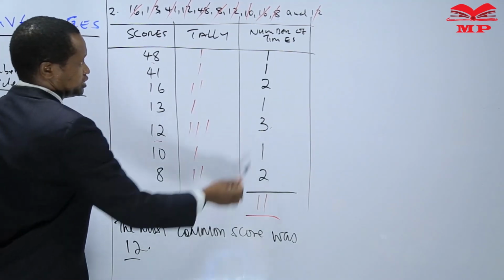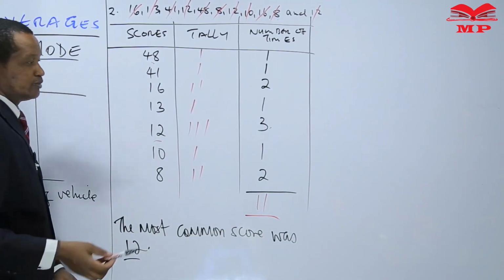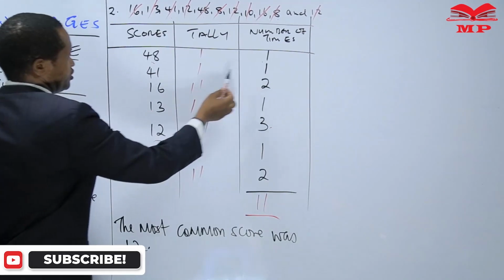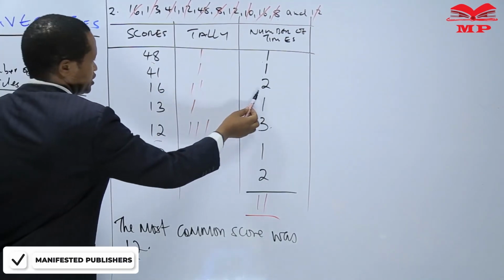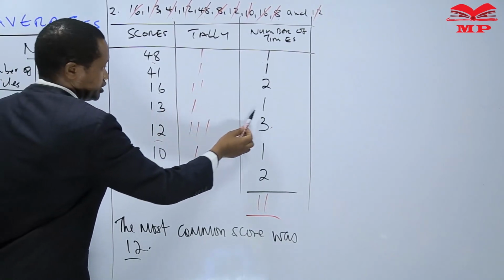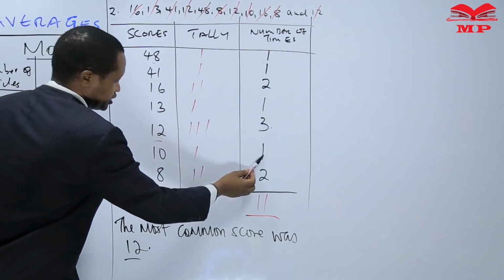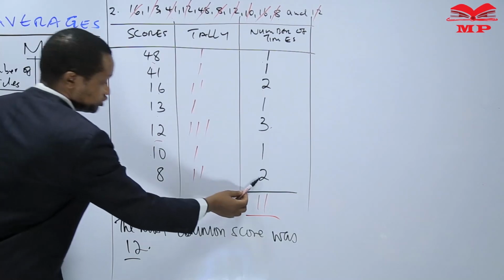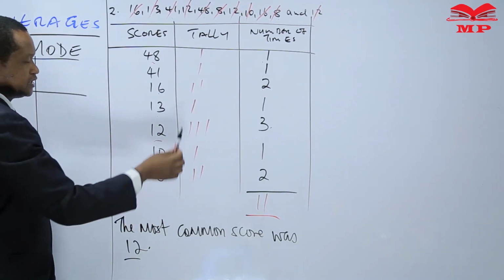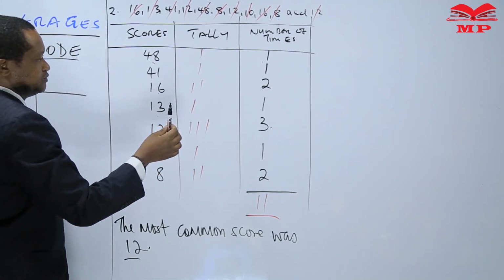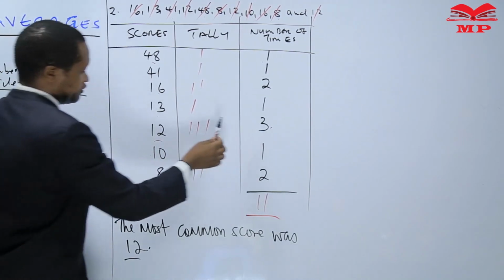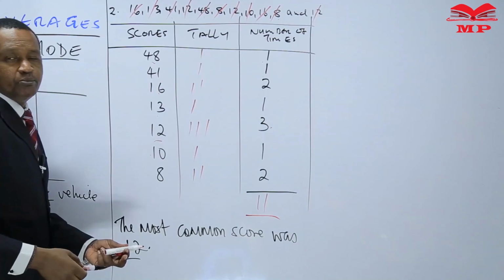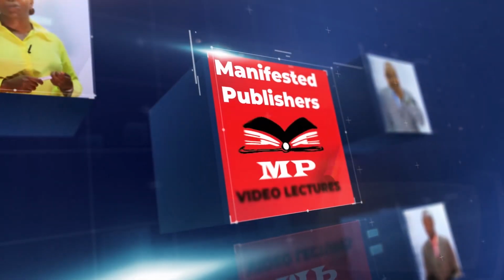There are 3 students that scored 12 marks. 1 student scored 48 marks. 1 student scored 41 marks. 2 students scored 16 marks. 1 student scored 13 marks. 1 student scored 10 marks. 2 students scored 8 marks. But the number of students who scored 12 marks were 3. Therefore, 12 is the mode.